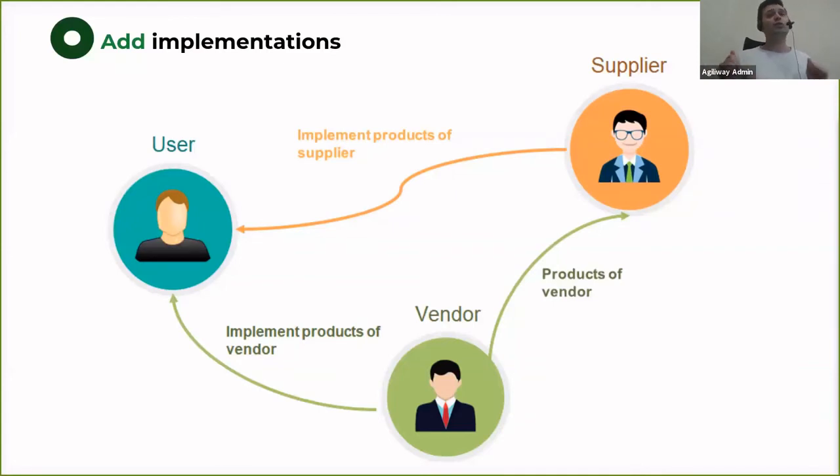Also, if you are working as a vendor, you can provide only your own products. If you are working as a supplier, you can provide your own products, and also the products of your partner vendors. I will tell you how you can make a partnership with vendors later.